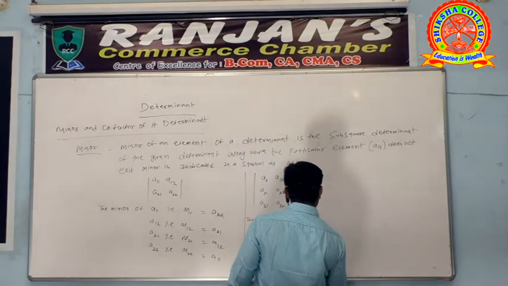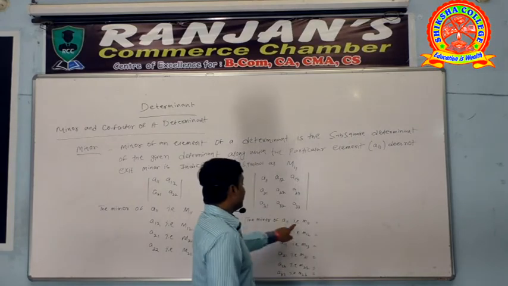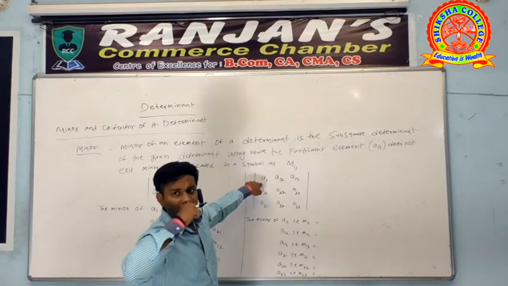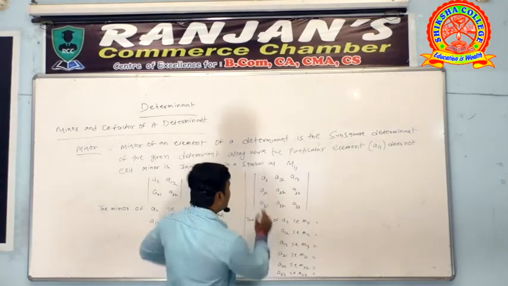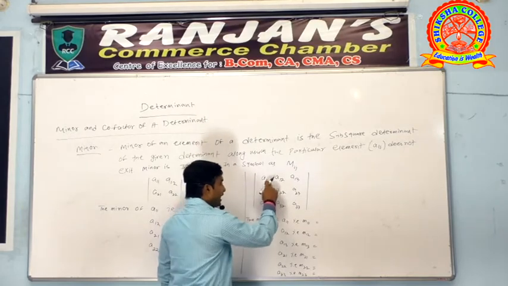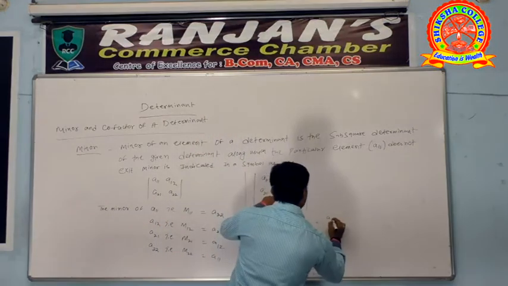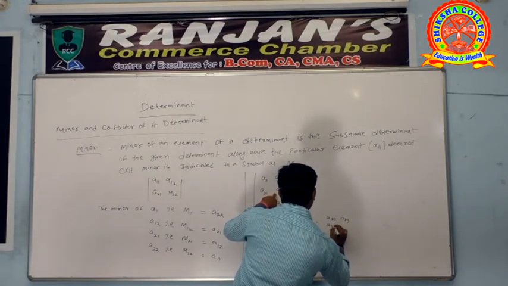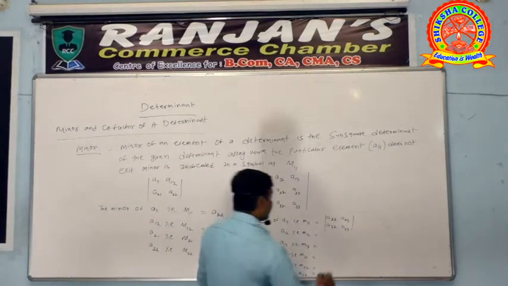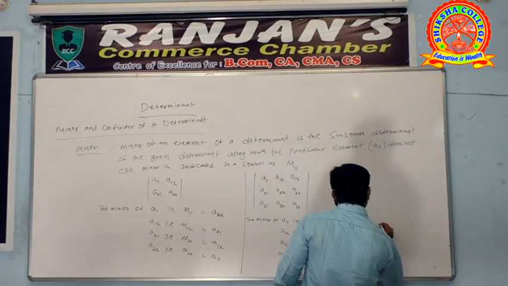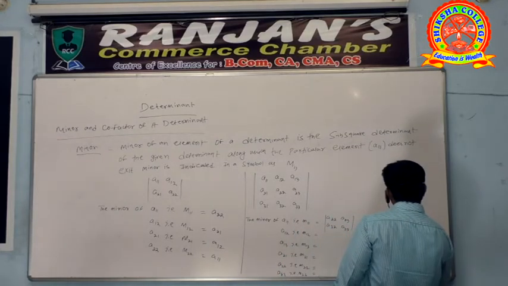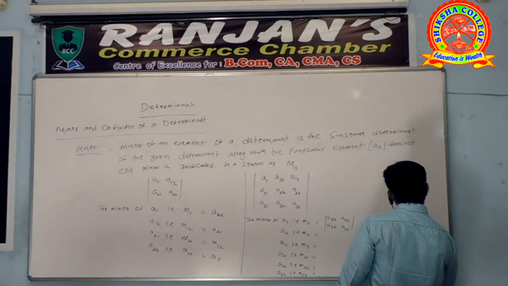So what is the minor? Very simple. For the minor of A11, what we do is delete the row and column containing that element. So for A11, delete this row and this column. Now what is left? A22, A23, A32, A33. Now we need to find the determinant of those 4 elements: A22 into A33 minus A32 into A23.